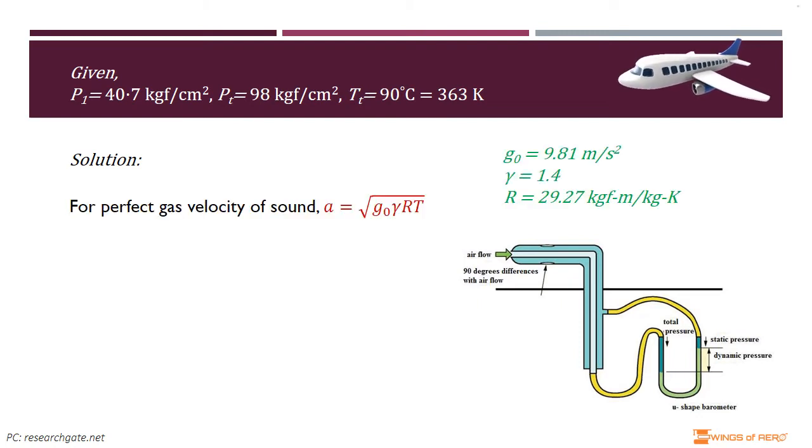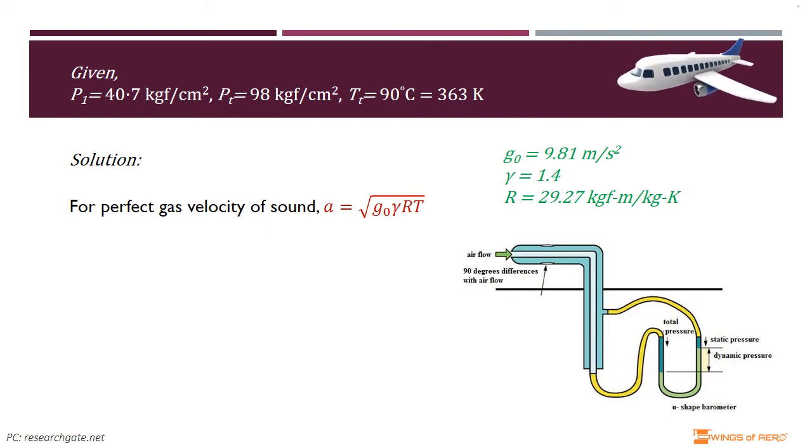For a perfect gas, the velocity of sound or acoustic velocity is given by A is equal to square root of g naught into gamma into R T, where g naught is the acceleration due to gravity, which is 9.81 meter per second square.